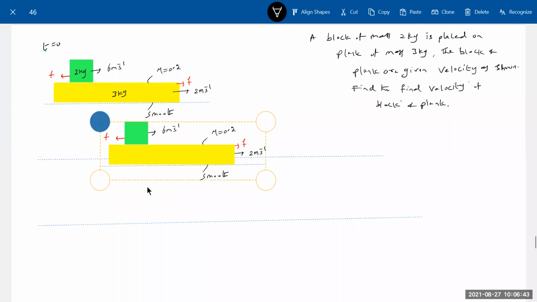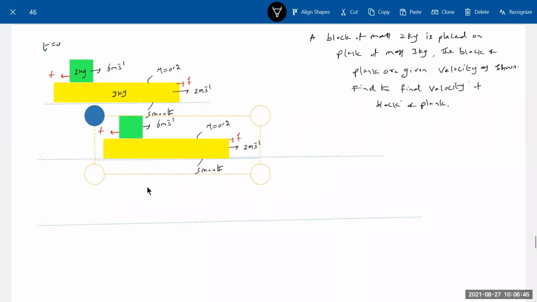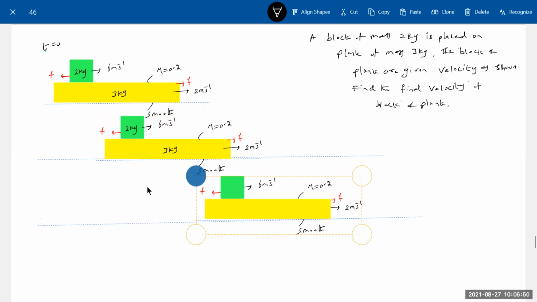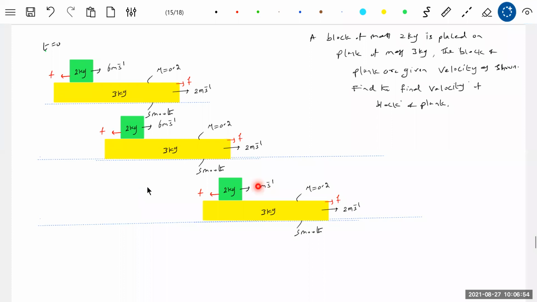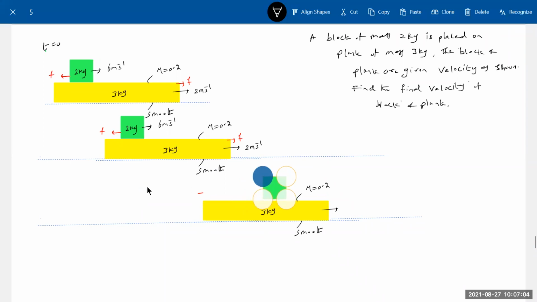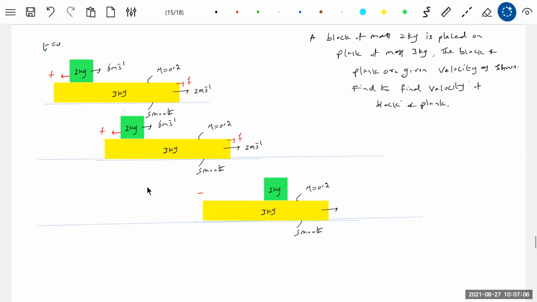So after some time, when they attain common velocity, all of you please do make observation. This is very important as far as learning is concerned, I feel.